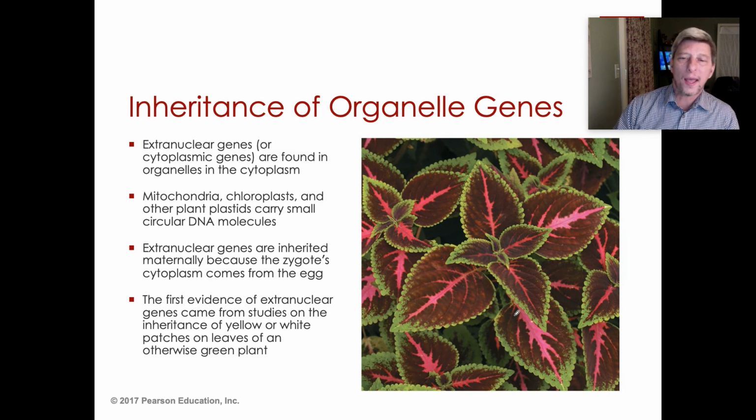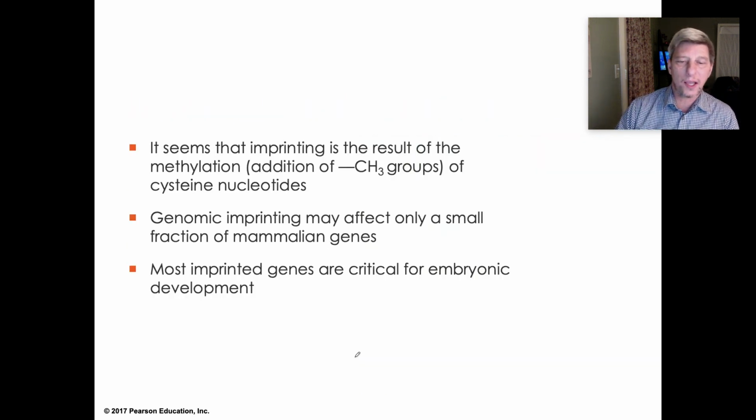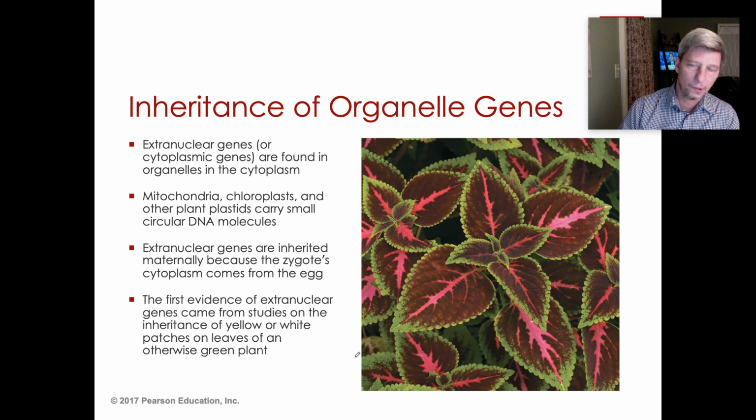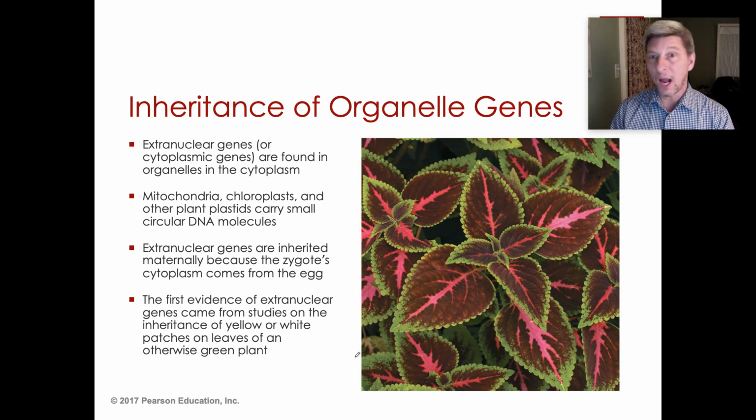And this is a picture of a plant where the patches of color that you find on the leaves of the plant are dependent upon the genes that are found in the mitochondria, or in this case, in the chloroplasts. And that's what makes them not be green. They're this bright pink or even brownish color.